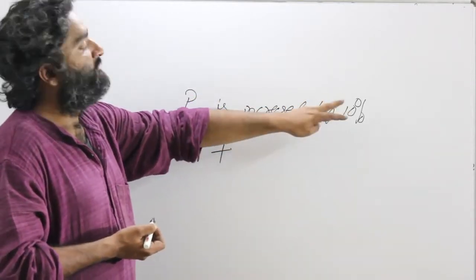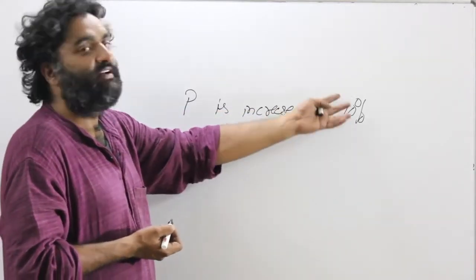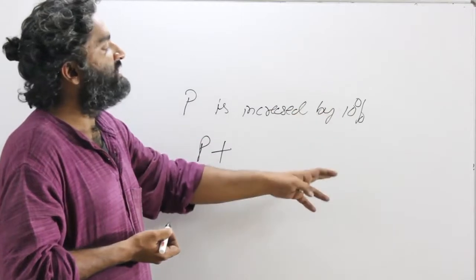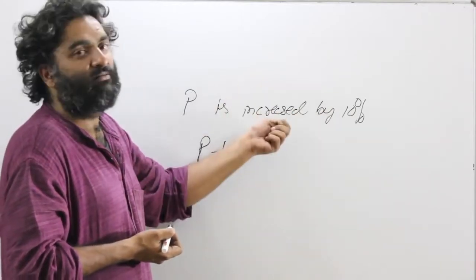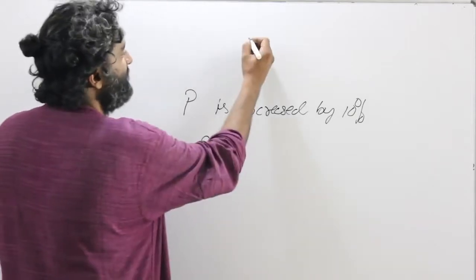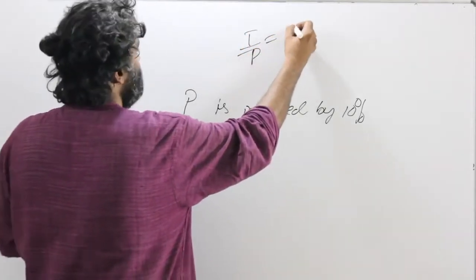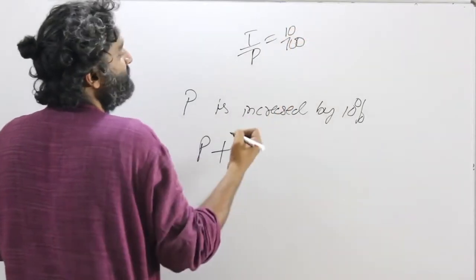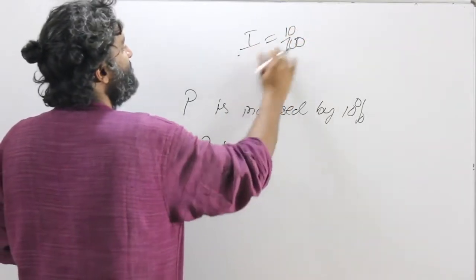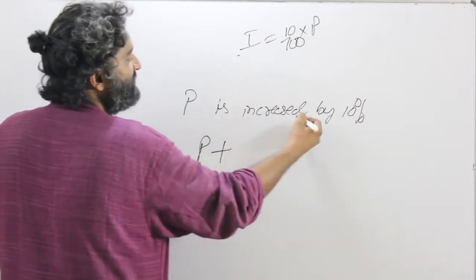That means there is a relationship between 10 and 100, and the same relationship exists between the increment amount and P. So the increment upon P is the same as 10 by 100.